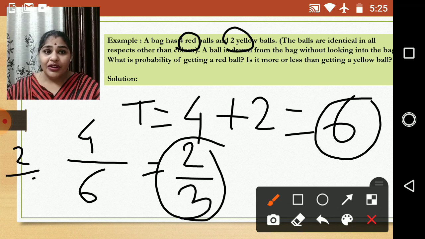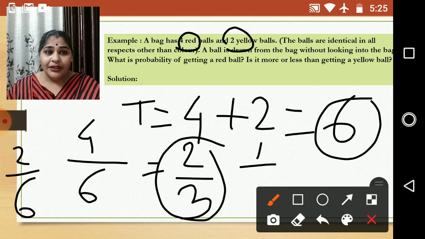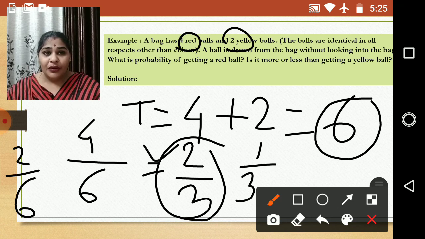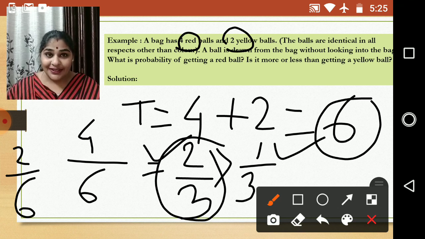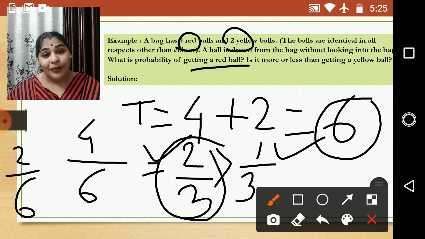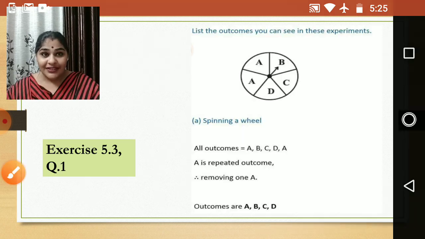That is 2 upon 6, which is nothing but equal to 1 upon 3. So which is greater, 2 upon 3 or 1 upon 3? Obviously 2 upon 3 is greater. So hence getting the red ball has the greater probability. I hope this is clear.